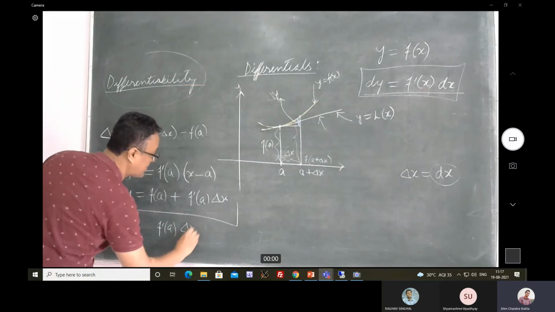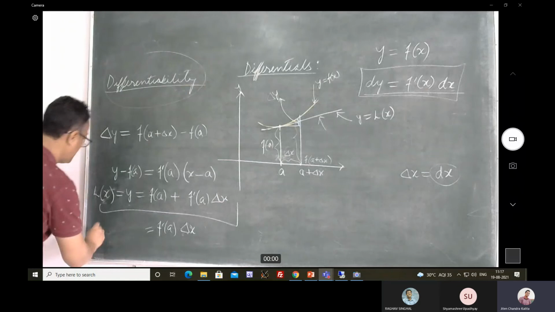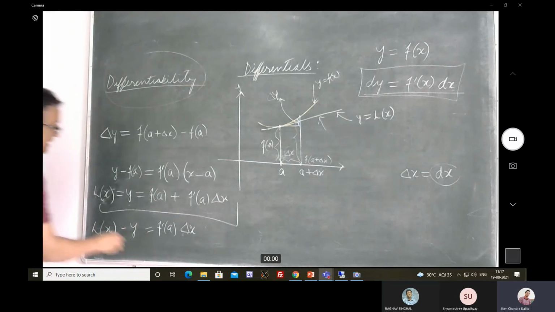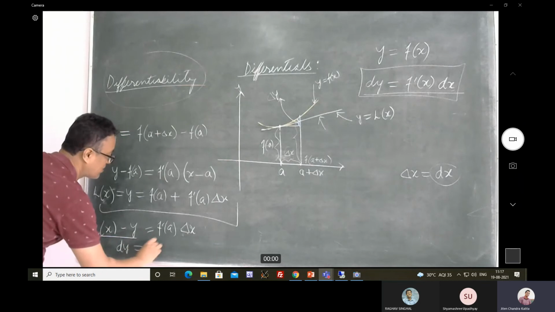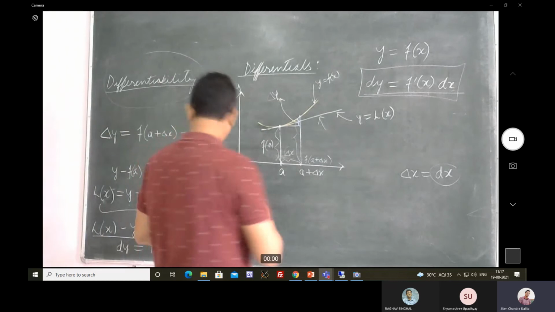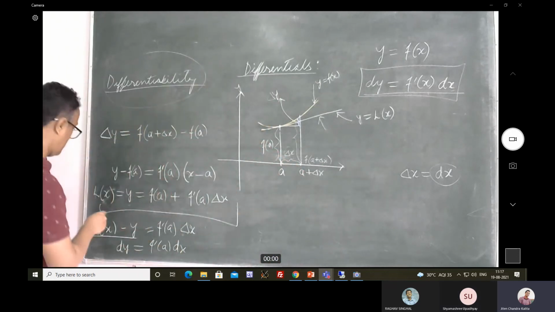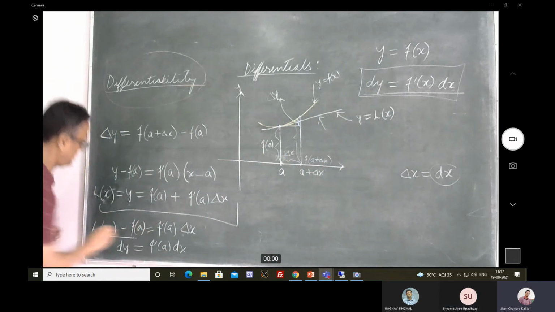So it is f prime a delta x, and this is nothing but L of x minus f of a, and eventually I am writing it as dy. So dy equal to f prime a dx. Sorry, this is f of a.